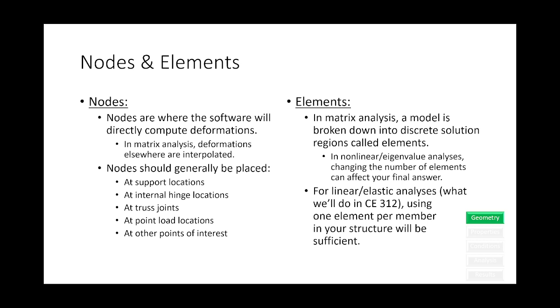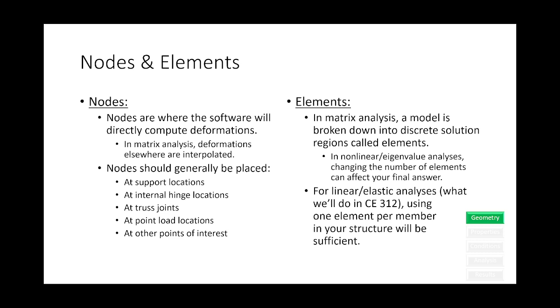Elements are, well, in matrix analysis, the model is broken down into discrete solution regions called elements. In nonlinear analysis, that can matter. The way I describe it is if you have a function, what we're doing is taking that function and splitting it up into sort of straight line segments, right? The idea is that the more elements you use, the better your answer will be.